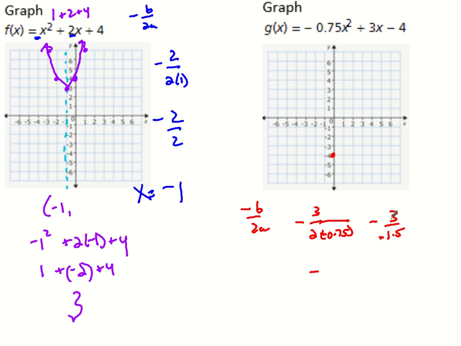So 3 over -1.5 is -2, but I have the negative in front, right? The negative in front is now multiplying it all by negative, so that double negative gives me +2 for the x value of my vertex. Whew, I almost made a big mistake there. All right, so now that I got +2 for my vertex, I know that that's where the axis of symmetry is.